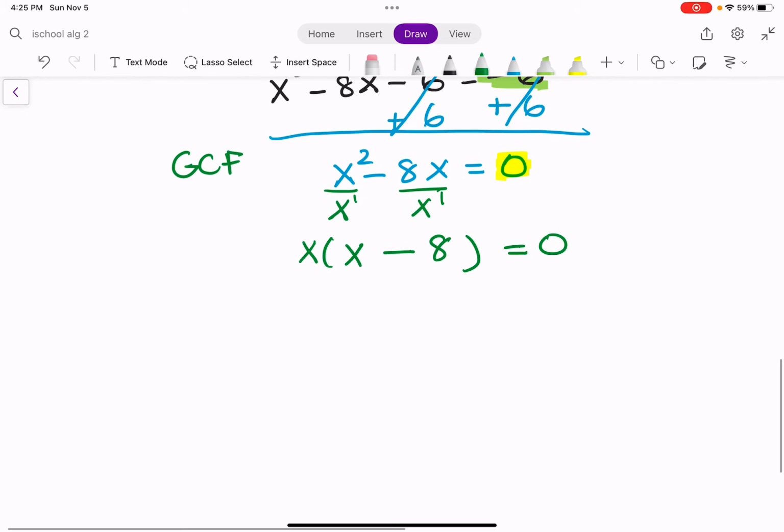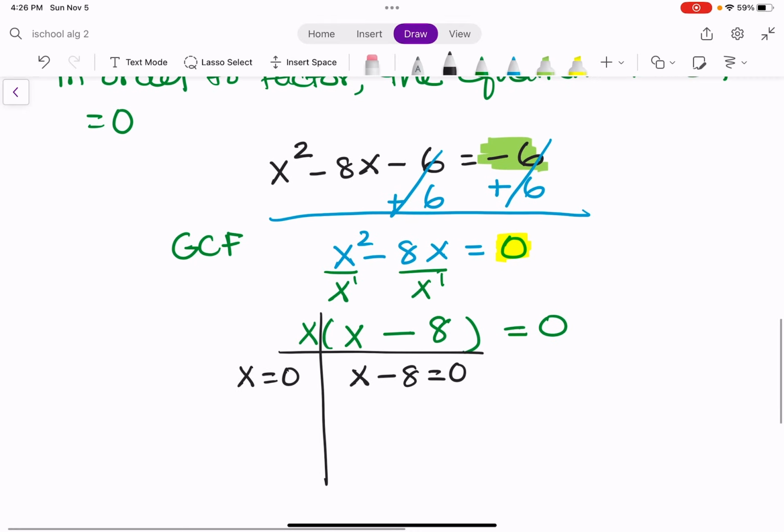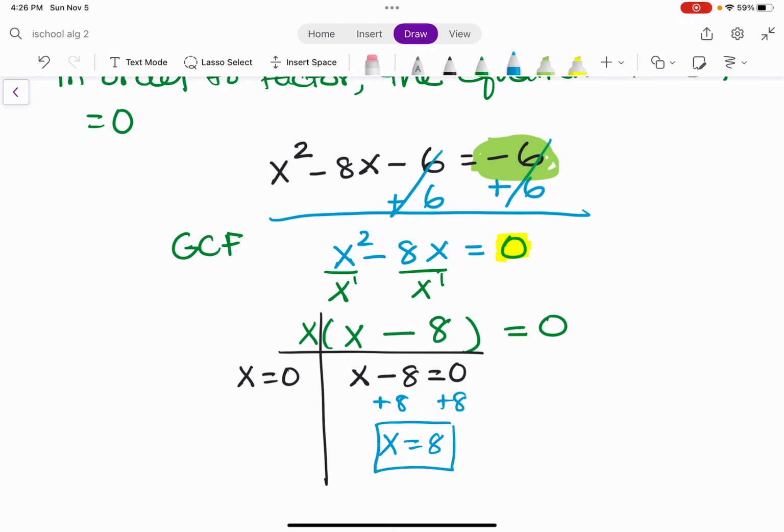And then from here, again, we take each thing and set it equal to 0. So what I'm trying to show y'all with this question is, if you have something on the other side, you got to move it over first. It has to equal 0. Add 8 on both sides, and we get x equals 8. And here are your 2 solutions, okay?